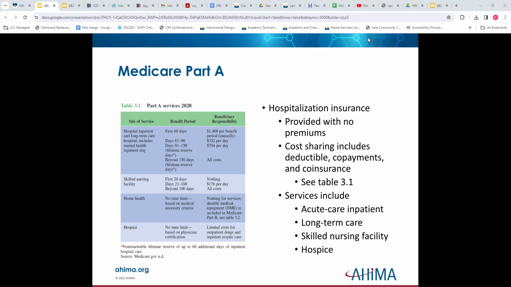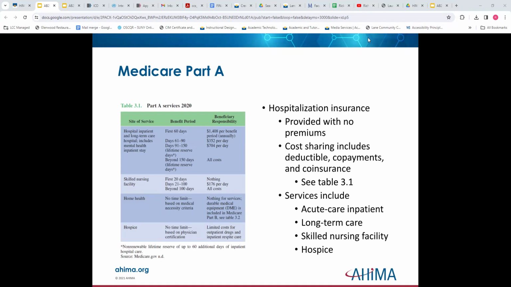So the benefit period for hospitalization, for the first 60 days, the beneficiary is responsible for $1,489. And days 61 through 90, $352 per day, and $704 from days 91 to 150, and so on.